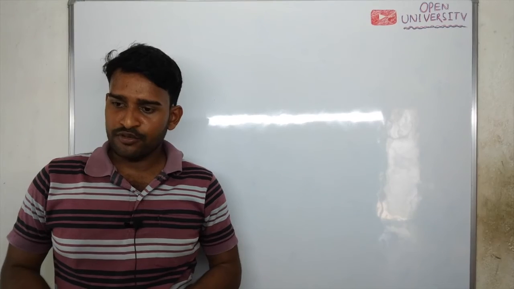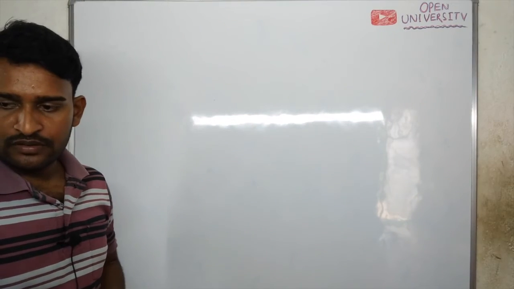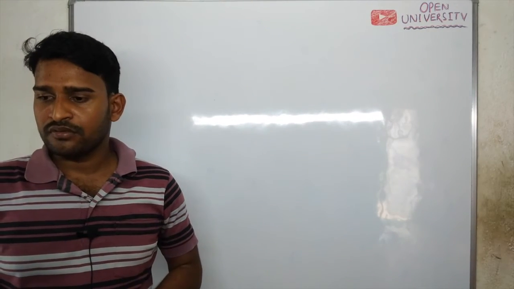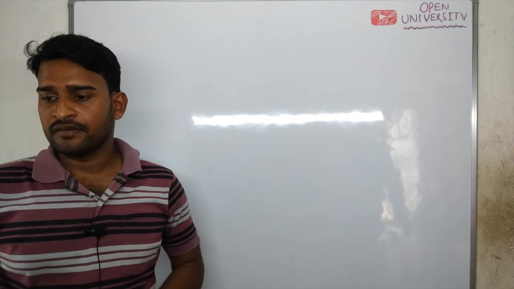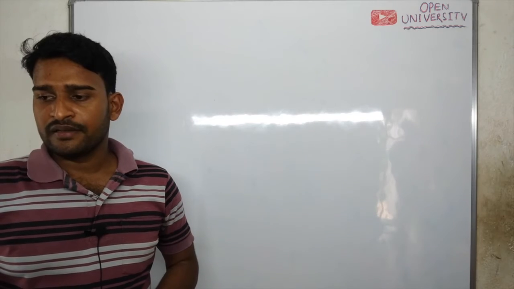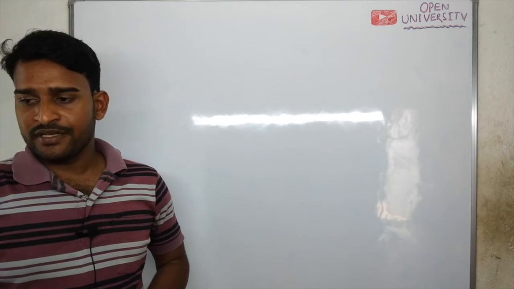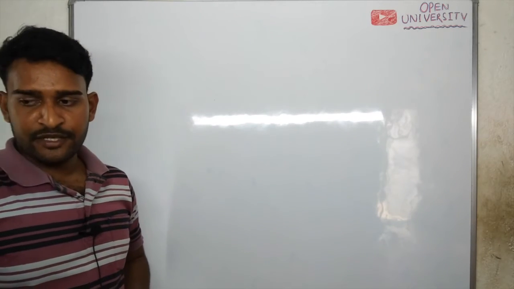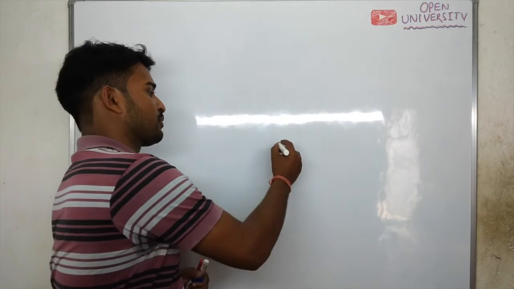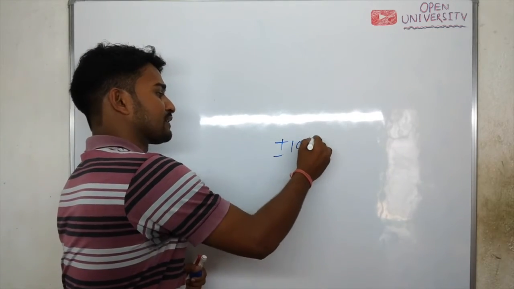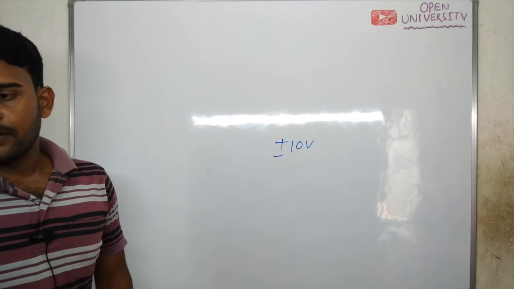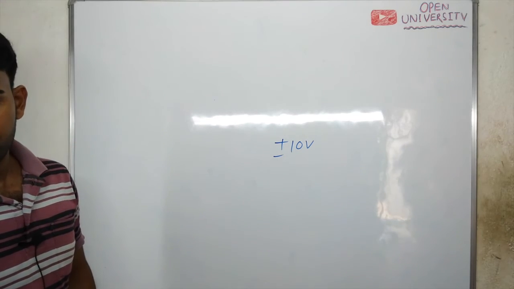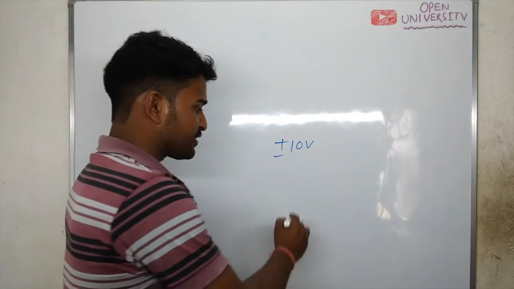Write down one question. In the circuit shown, the diode is ideal, and the input is a plus or minus 10 volt square wave signal of frequency 1 kilohertz.